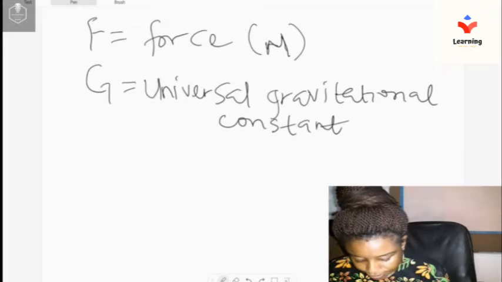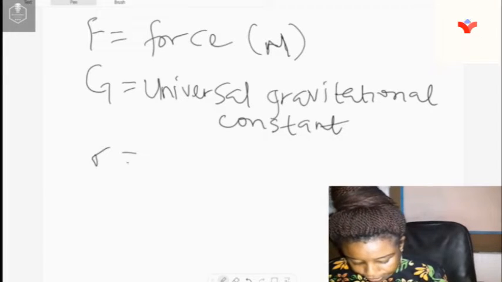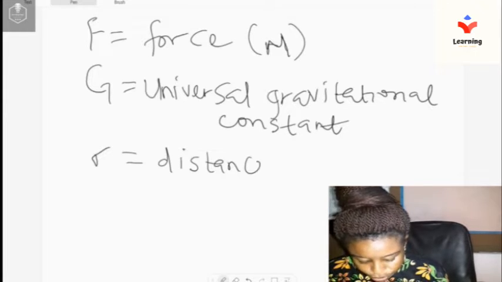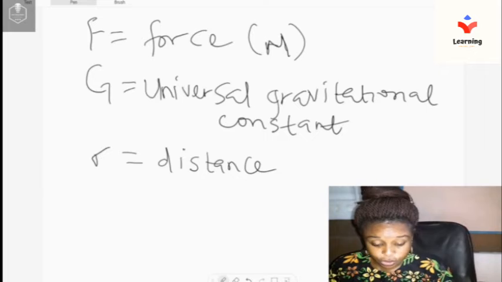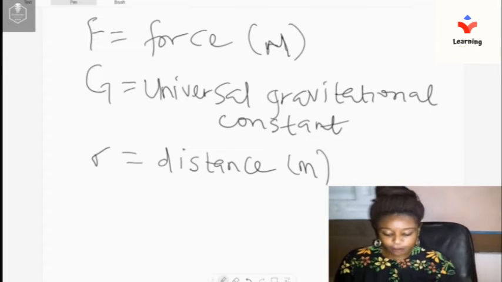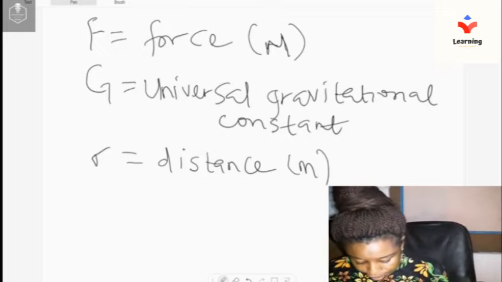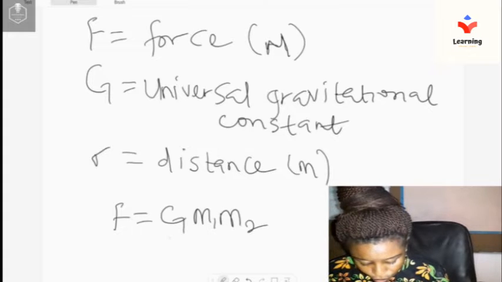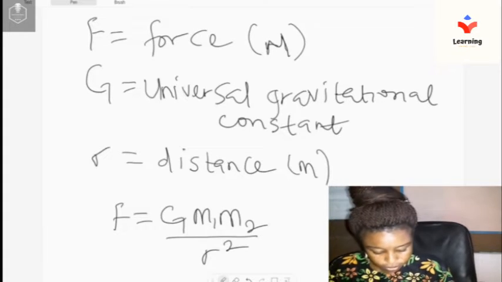While the r represents the distance between the two objects, and the unit is in meter, of course. So from our formula, we have F equals G m1 m2 over r squared.